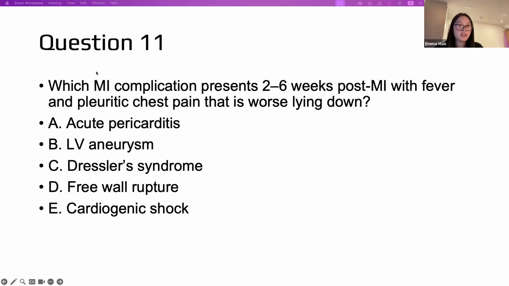Okay, question 11. Which MI complication presents 2 to 6 weeks post MI with fever and pleuritic chest pain that is worse lying down?